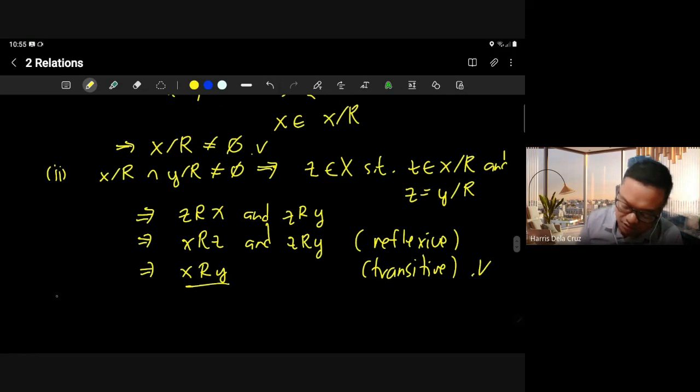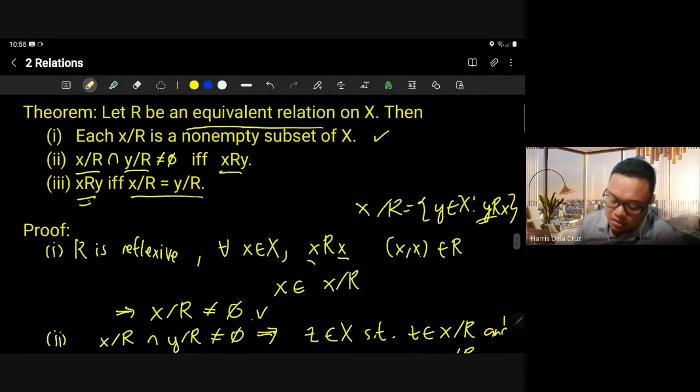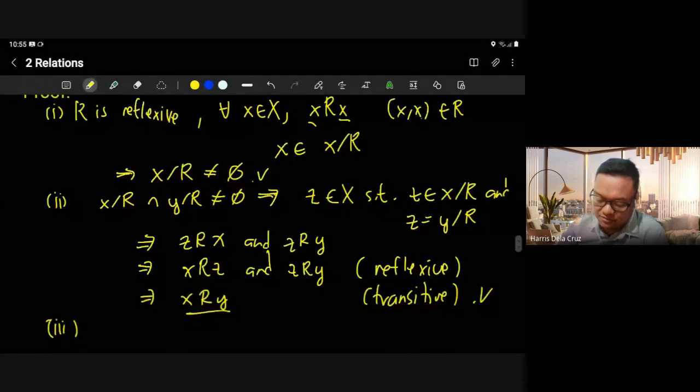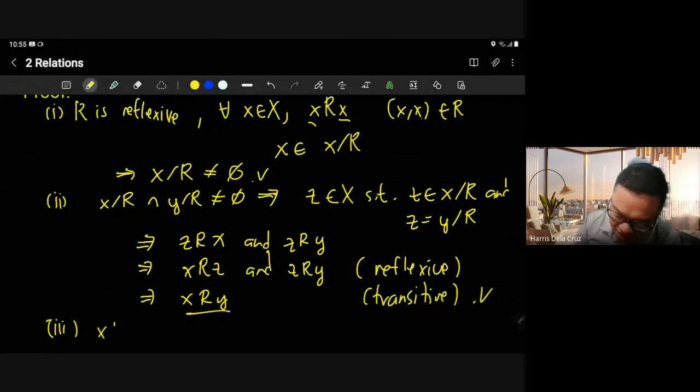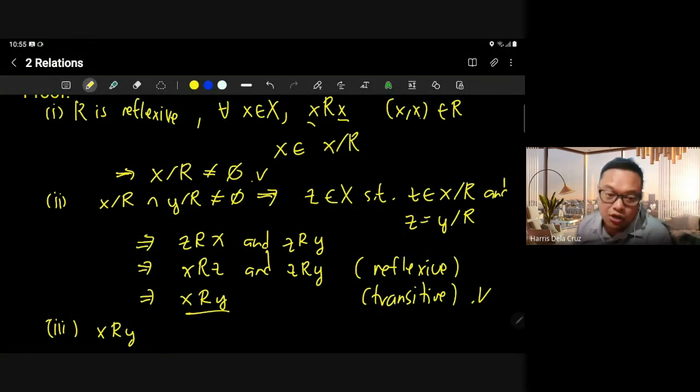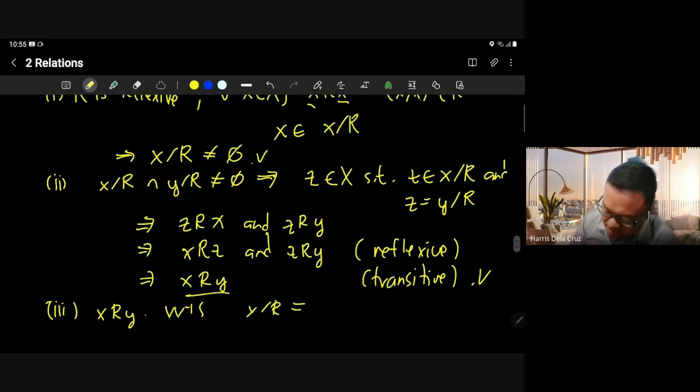Now, the third property that we want to show is that if x is related to y, then the equivalence classes must be equal. So given that x is related to y, ang gusto natin ipakita, remember what we want to show is that x over r must be the same as y over r.